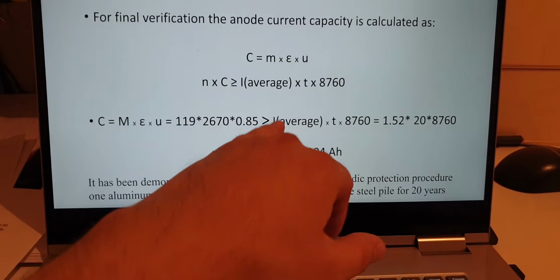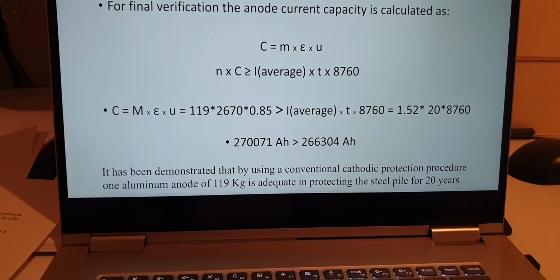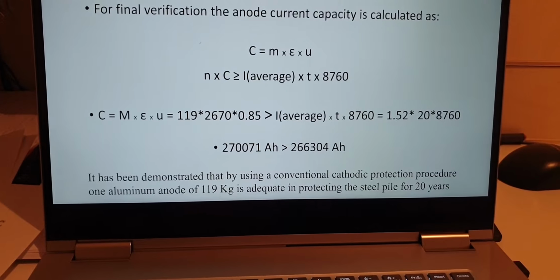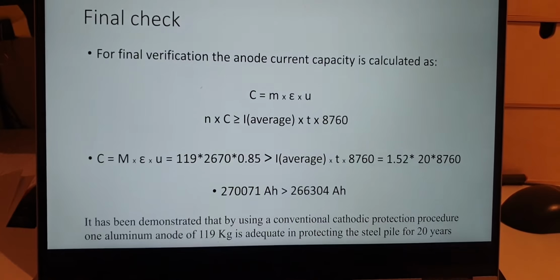If that's the case, then we can say that we have an anode that can protect the structure for 20 years.